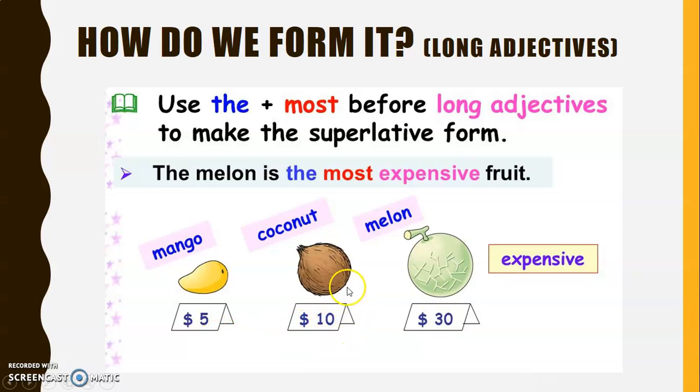The coconut, $10. But the melon costs $30. So, using the adjective expensive, caro, we can say that the melon is the most expensive fruit. El melón es la fruta más cara.